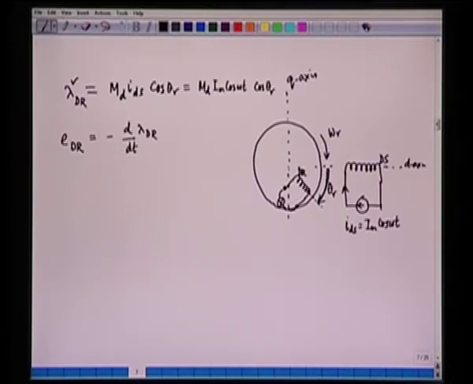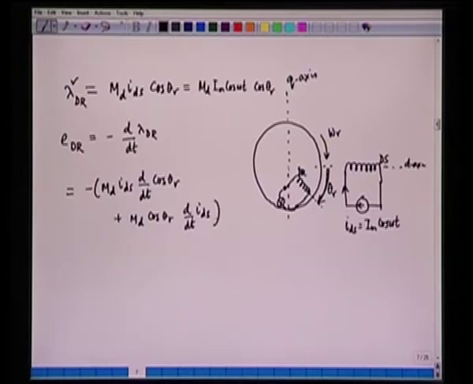So if I differentiate this with respect to time, it will be a differentiation by parts. So minus of md ids d by dt of cos theta r. I will first differentiate the cos theta r, and then I will differentiate md cos theta r into d by dt of ids.